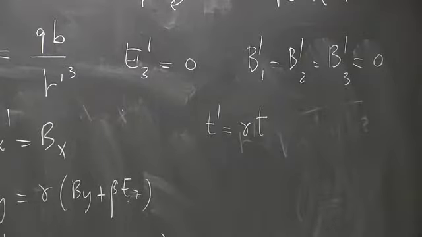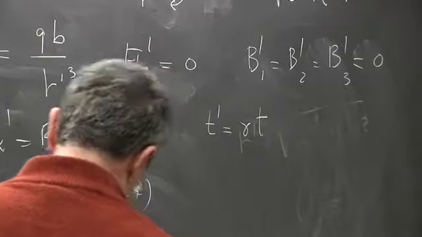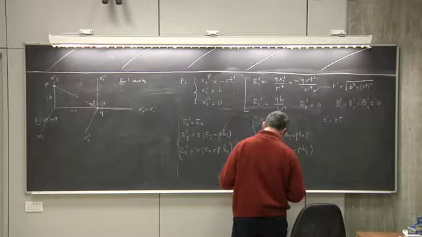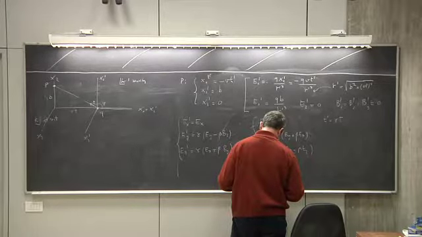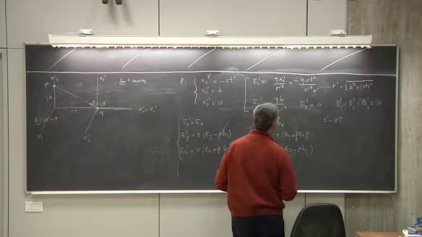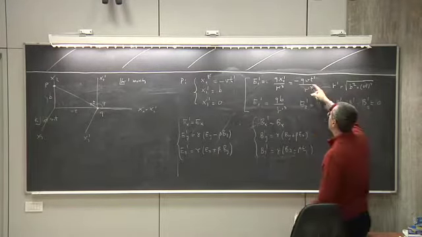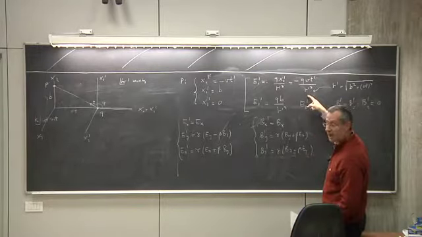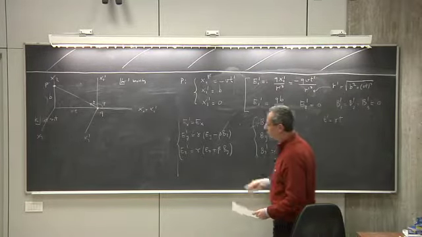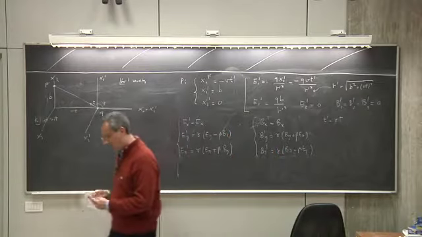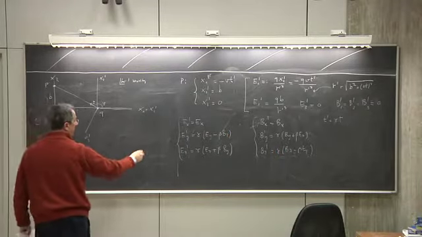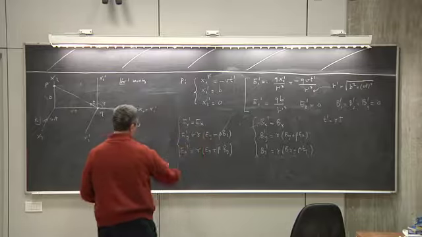So if you want, you can rewrite these now, using the unprimed coordinates. Let's do just the transformation. So I guess this is 1, 2, and 3.